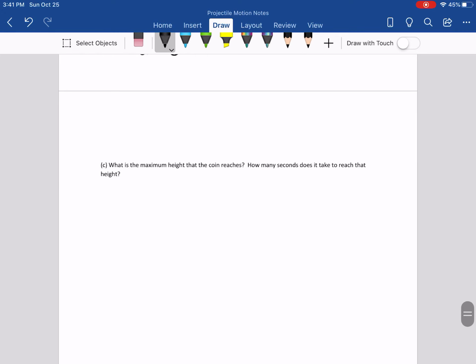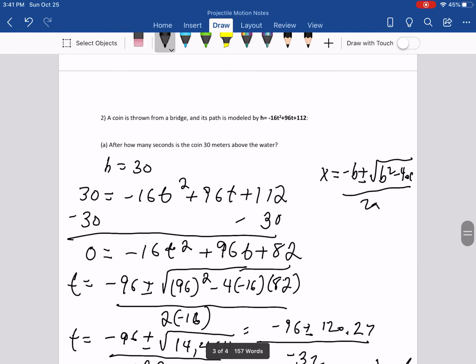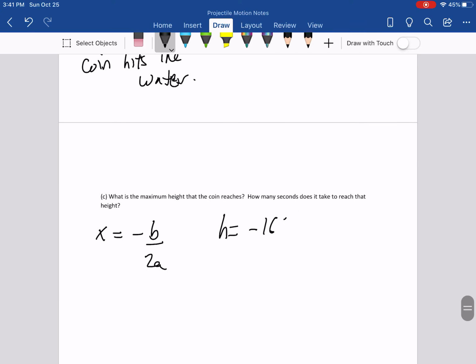Last one, part C. So the maximum height, that's going to be the vertex of the parabola. We don't have the graph, so we know the vertex is at x equals negative b over 2a. Let's copy the function. h equals negative 16t squared plus 96t plus 112.